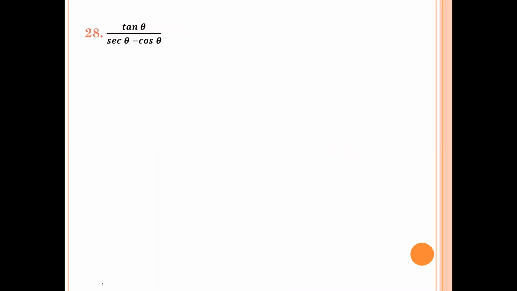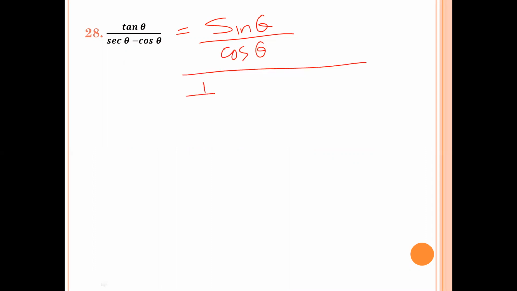Now, tan theta over secant minus cosine. How can I simplify this expression now? Tan is sine over cosine of theta. Secant is 1 over cosine, minus cosine.